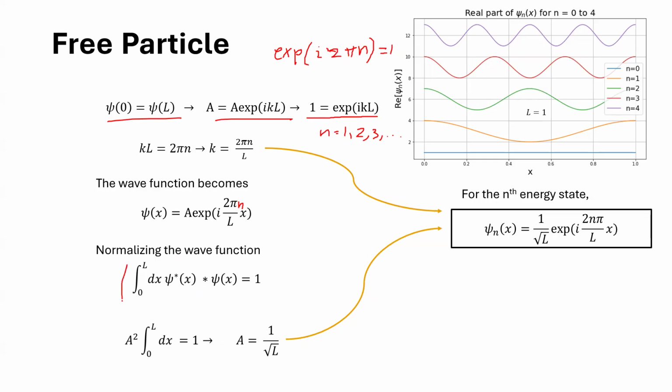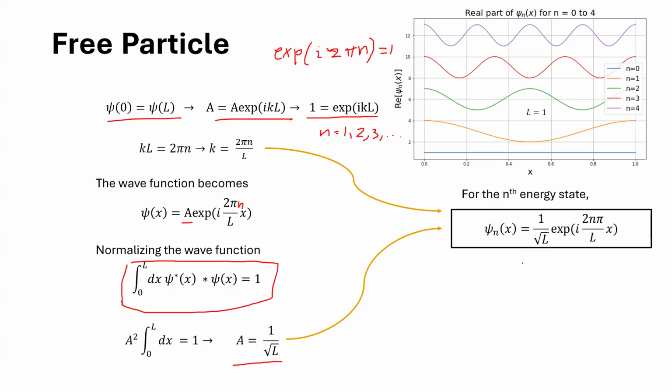Based on this formula, we find that a is equal to 1 over square root of L. So we found a in terms of L, and we can substitute a in this expression and rewrite the wave function in this form.